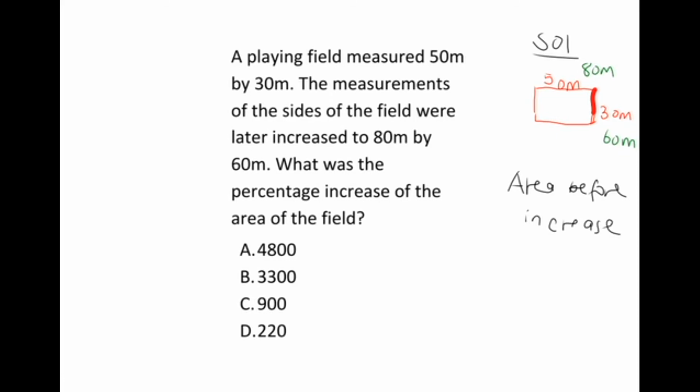We shall get it by multiplying 50 meters by 30 meters. 50 times 30 will give us 1,500 meters squared. Remember, it is area, we give it in square units, 1,500 meters squared.